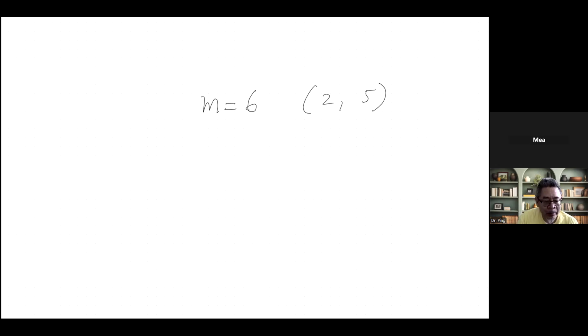And remember, our form is y minus y1 equals m times x minus x1.